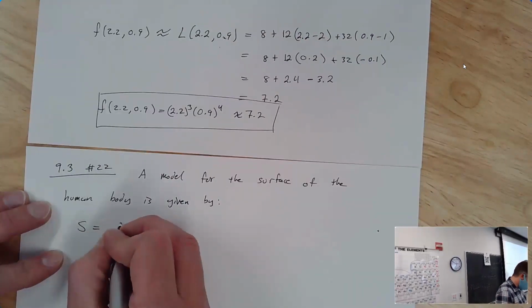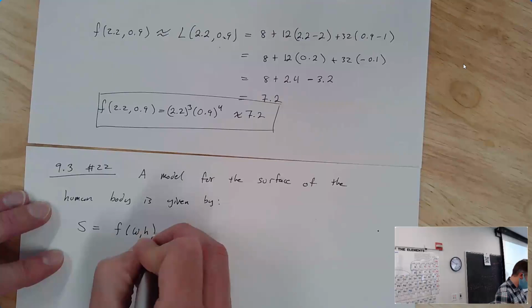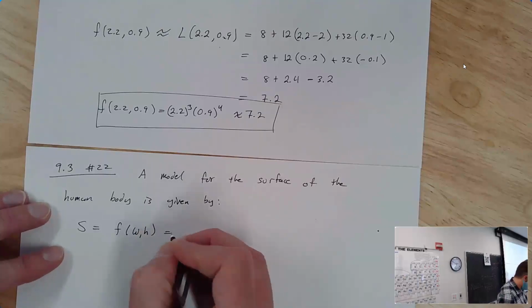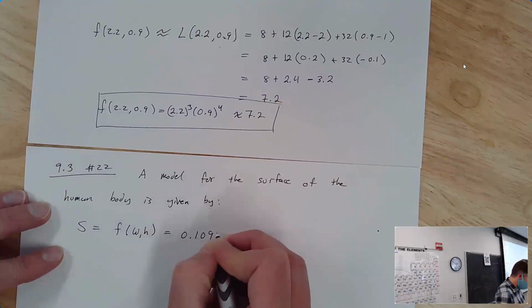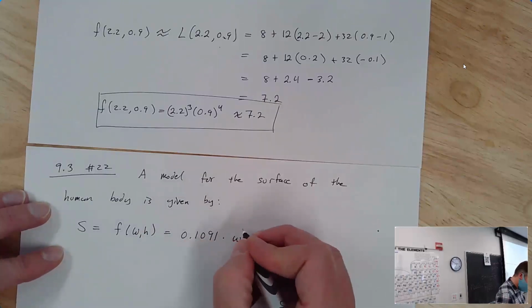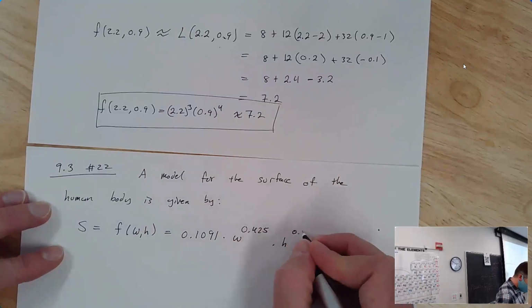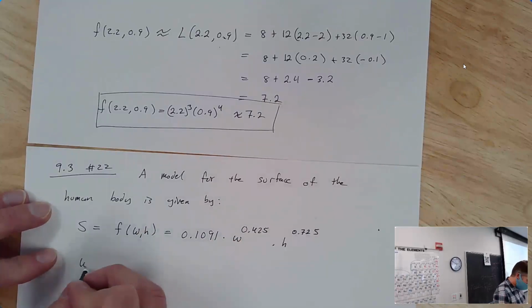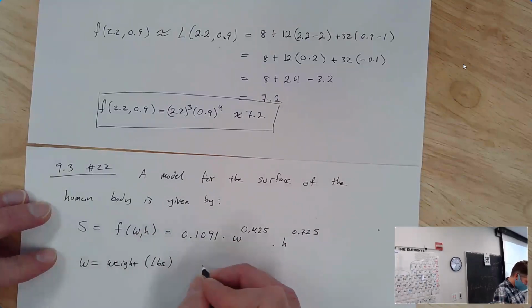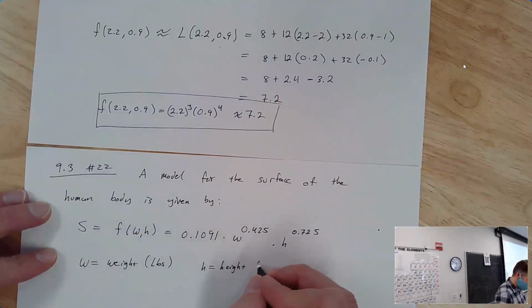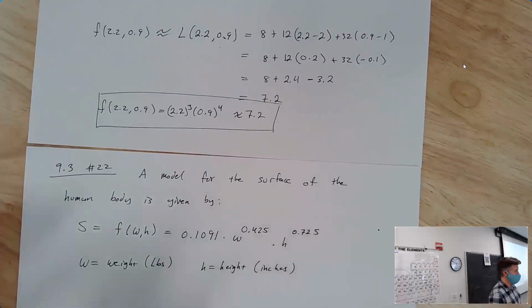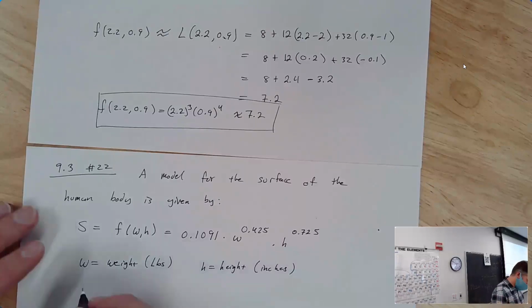Surface area is equal to a function of W and H, which I'm assuming are weight and height, which is 0.1091 times weight to the 0.425 power times height to the 0.725 power, where weight, or W, is weight measured in pounds, and H is height, I would assume measured in feet. Oh no, inches, sorry. I would assume measured in the US system, right? If you're in pounds, you're definitely probably not also in meters. And S is square feet.